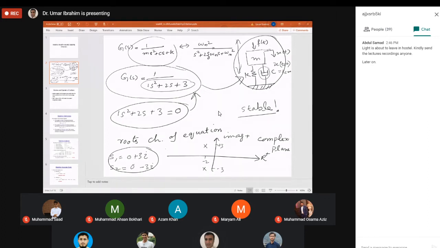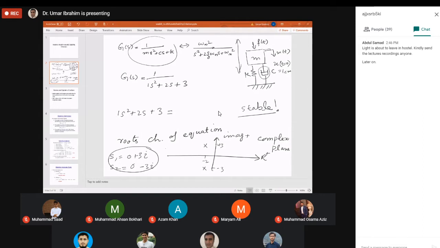So far we have discussed that if you have a physical system, you can tell whether the system is stable or unstable by giving it a bounded input and observing the response of the system. If the response approaches infinity as time t approaches infinity, then the system is unstable. Otherwise, if the response of the system decays to 0 as time t approaches infinity, then the system is stable.